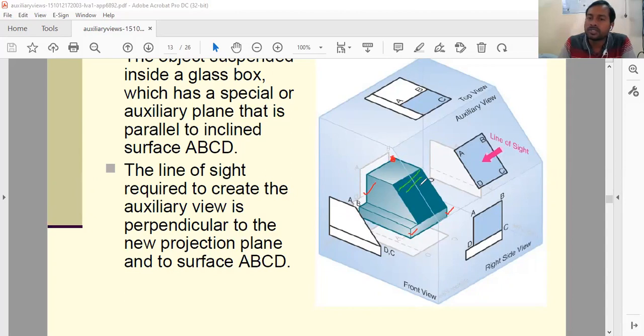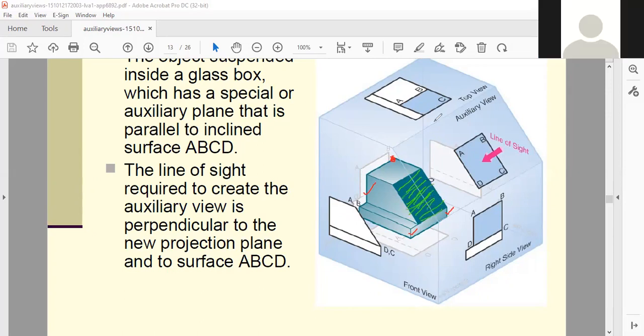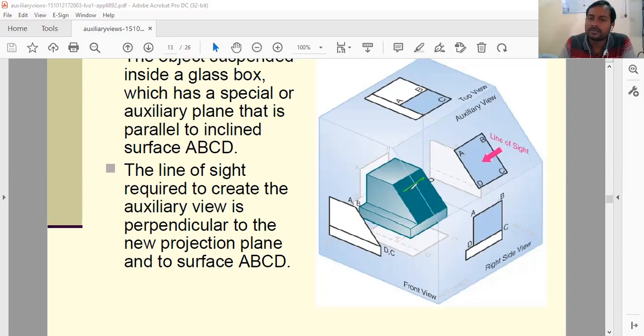This is the inclined portion, just like a car mirror with some angle. This is the portion where we need to draw the auxiliary view.